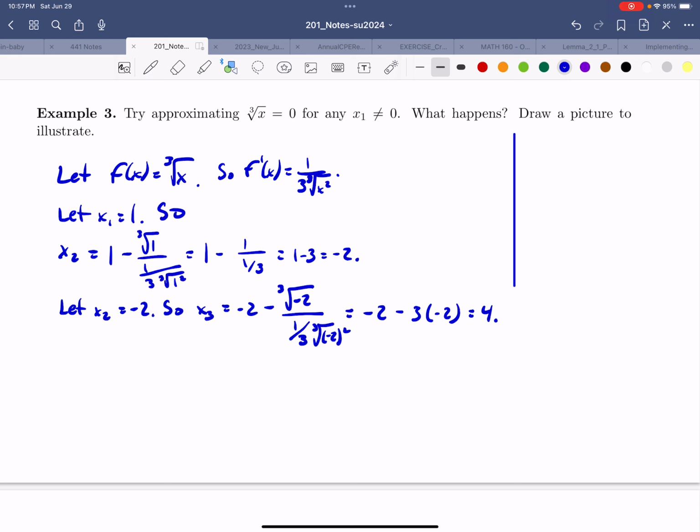We draw a set of axes. These are going to need to be a little bit wider. X-axis, y-axis. We've got the curve cube root of x equals 0, and that looks something like this. Really it should probably be even more vertical, but whatever. Anyway, we started at 1.